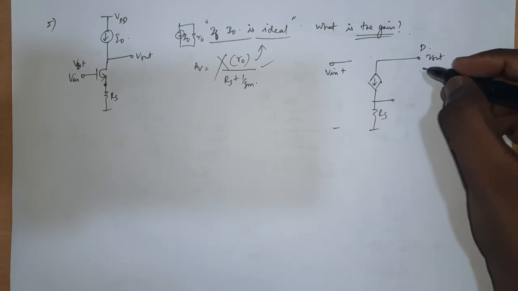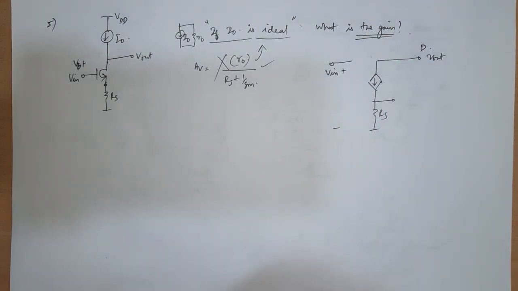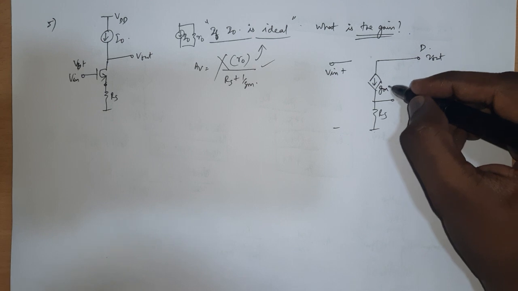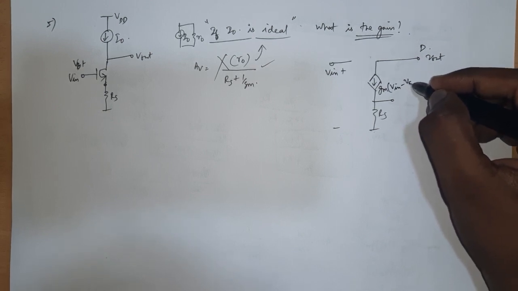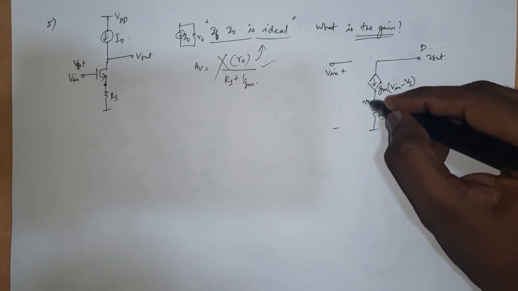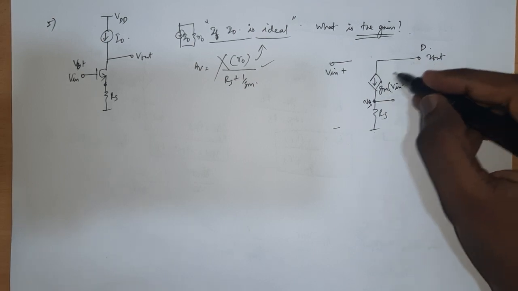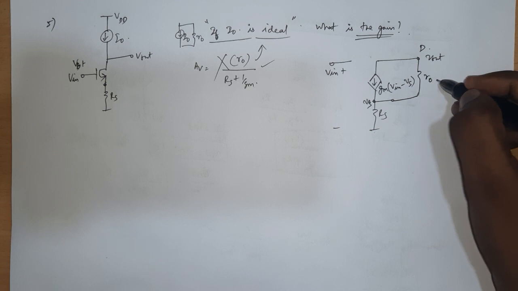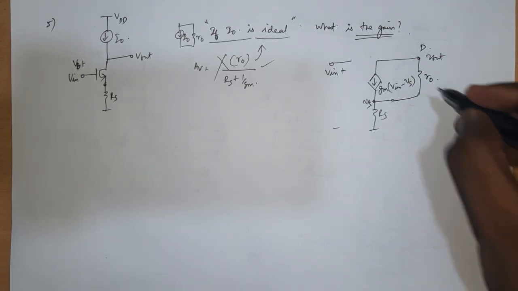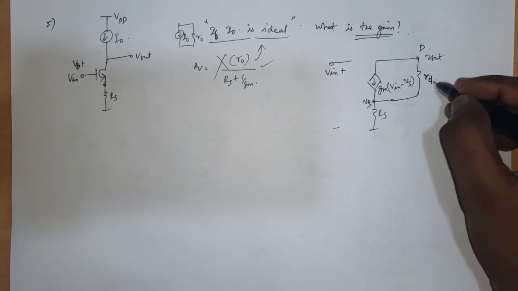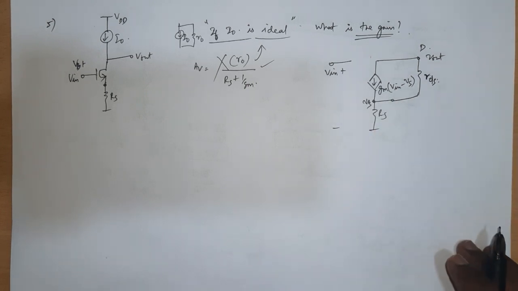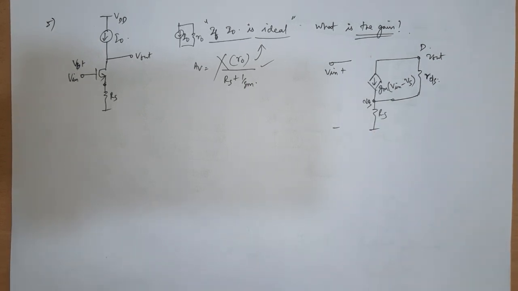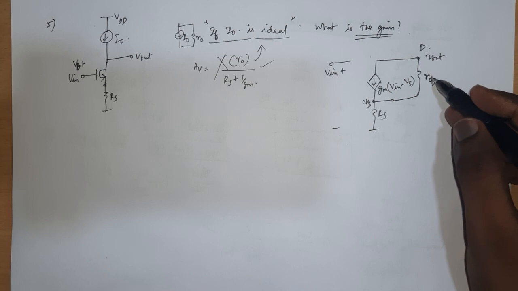Now as I said, if you have this current source, which is Gm times Vin minus Vs, and this is your Vs, and it is not flowing into anything, then you are supposed to imagine some R0, otherwise you cannot solve it. This R0 or RDS is the transistor's own output resistance.